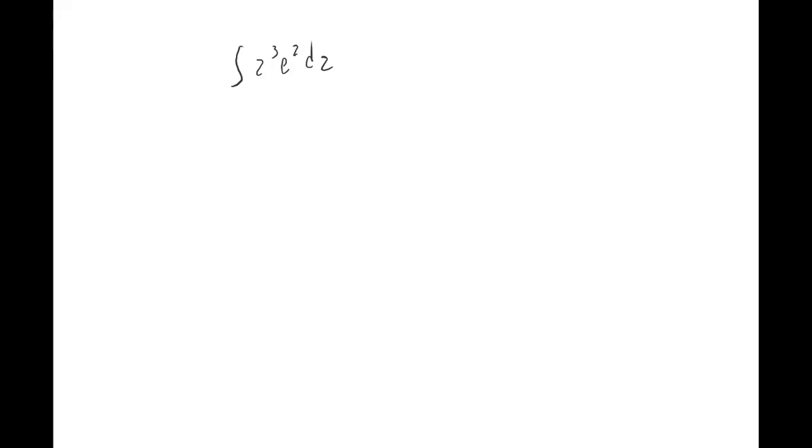Good. Now, that doesn't solve the question, right? It's still really hard to integrate z squared e to the z. So what do I do then? I changed the integral of z cubed e to the z to z squared e to the z. What do I do next?